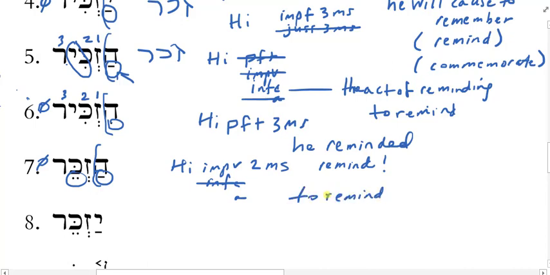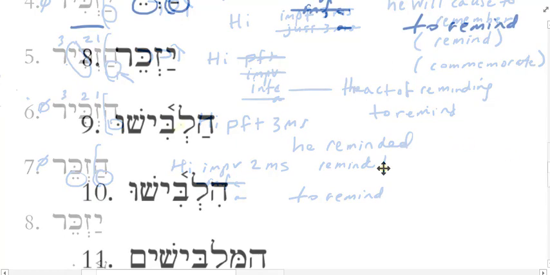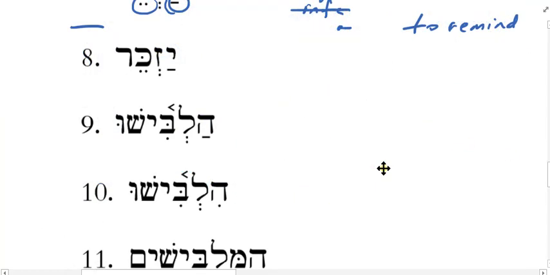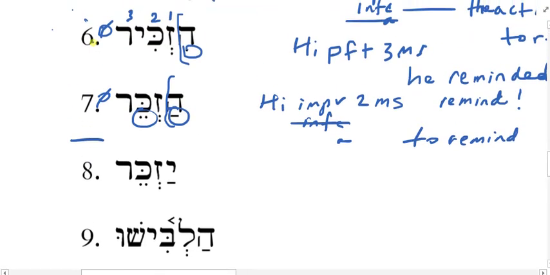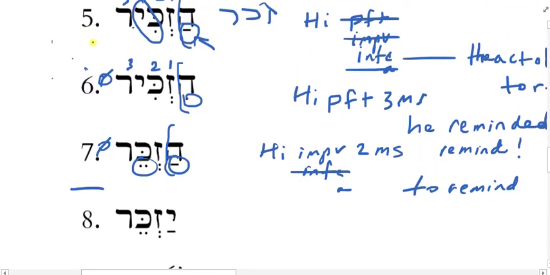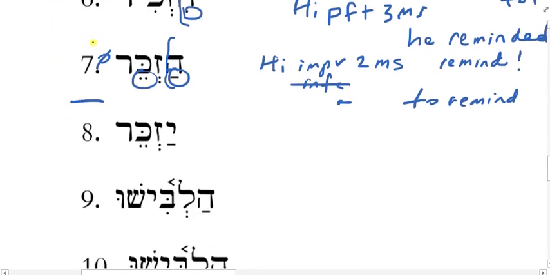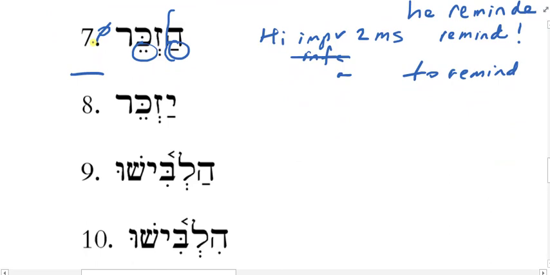But remember, we have to look at the context to know. Is it an emphasis use? He really reminded? Is it a complementary use? Or what? All right, let's go ahead and look at this number 8 one. We have hazkir. We want to contrast this with what we see here. We have hazkir. What are the 3 root letters of this verb?